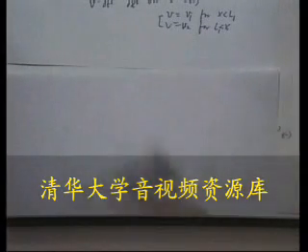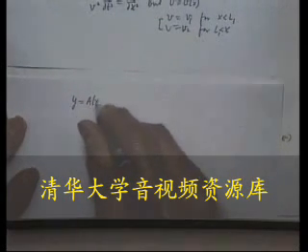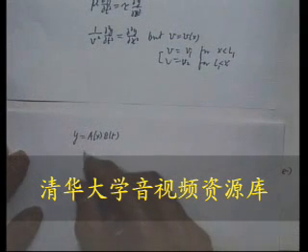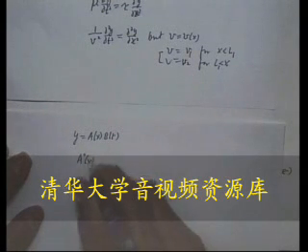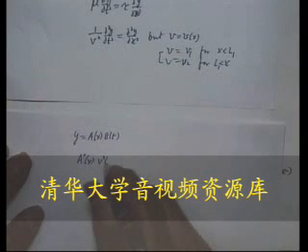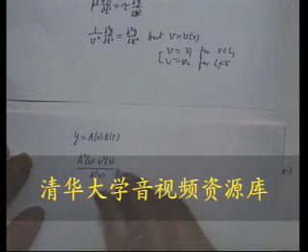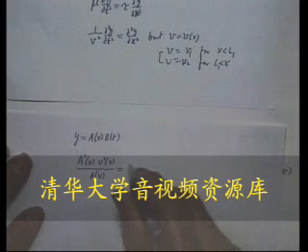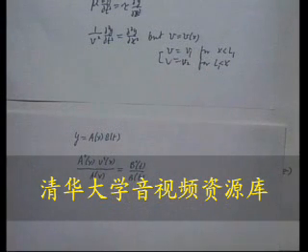So we still do the same thing. We write y is equal to A of x, B of t. And we still have the same equation, which is A double prime over A times v squared of x equal to B double dot over B. This is the same as before.